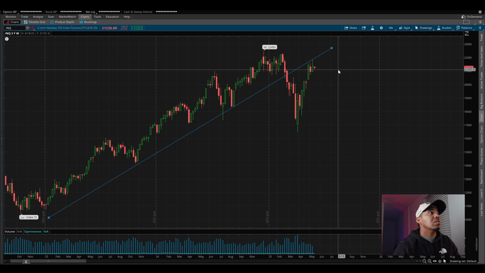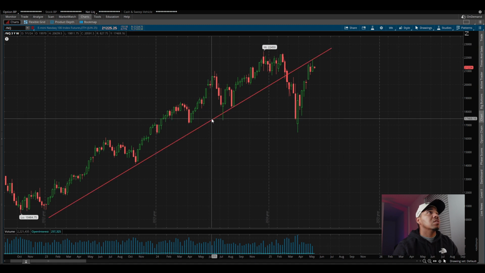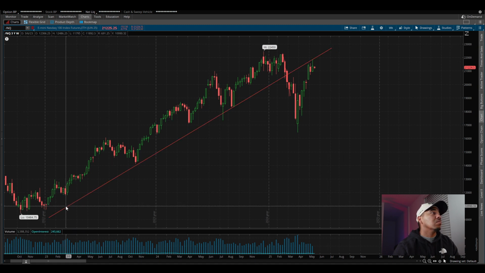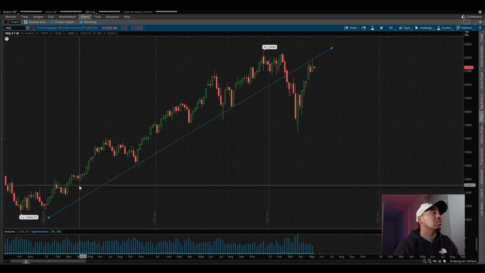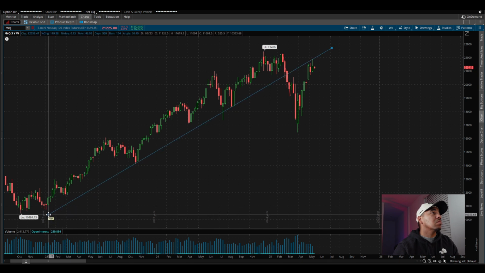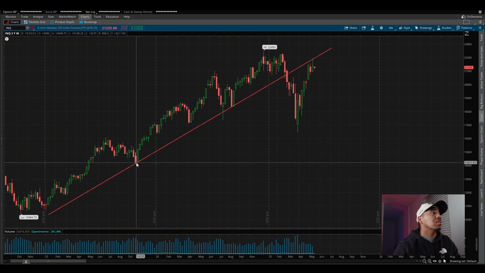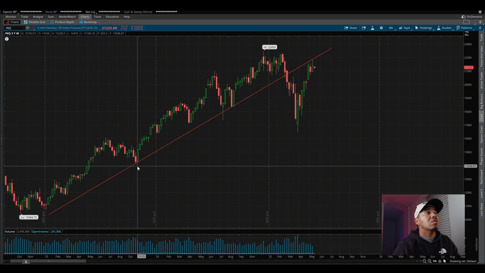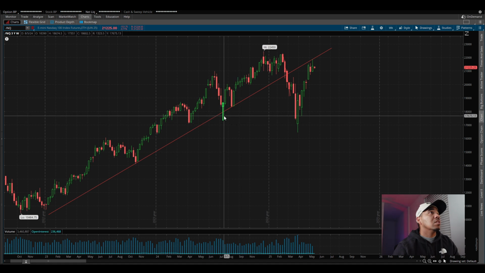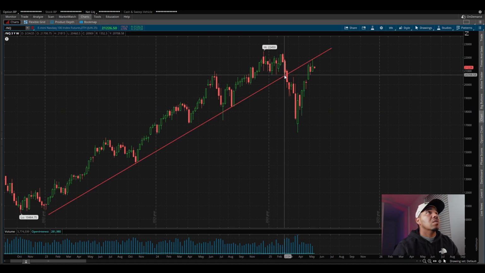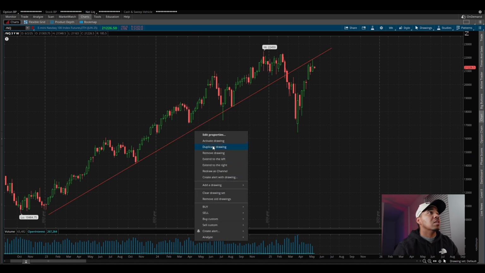But as you can see, let's move this over. Try to get as precise as we can. All right, there we go. That's nice. So we got a touch here. We got two touches here on the weekly. Another touch here, another touch here, another touch there, another touch there. We have one here, we break below, and then we come back and retest. So this is a good channel right here.